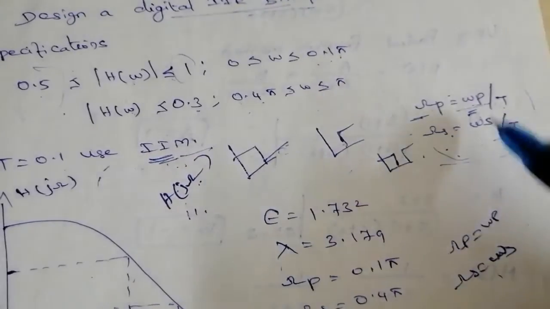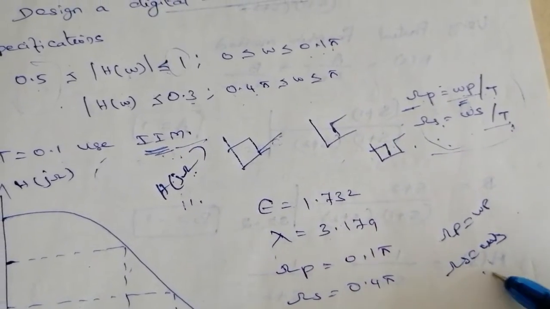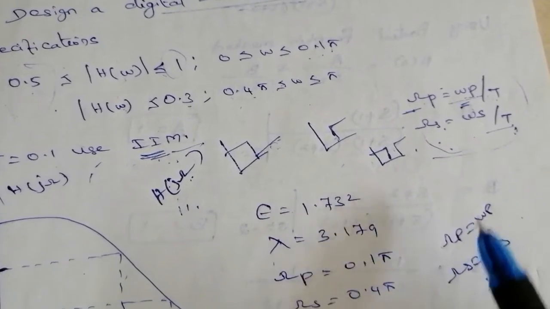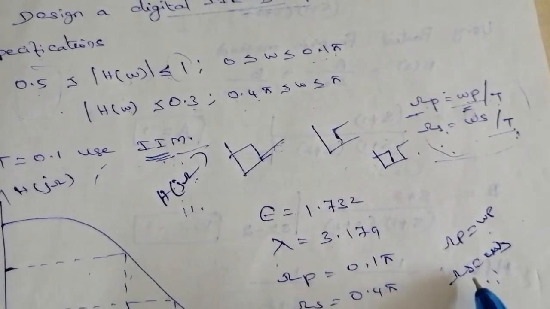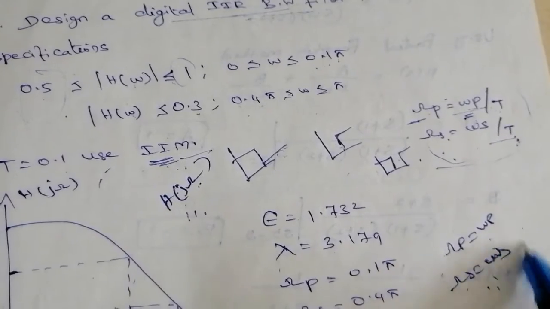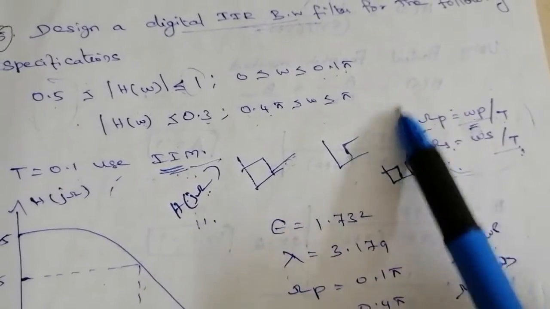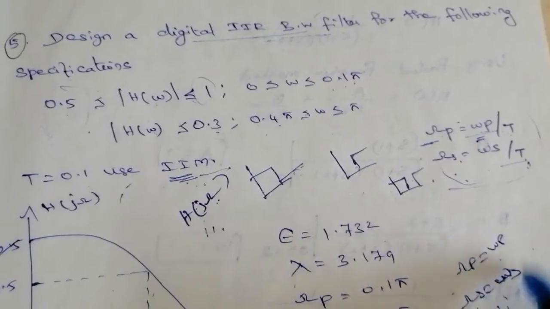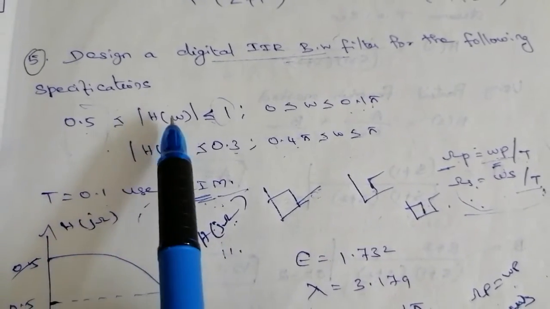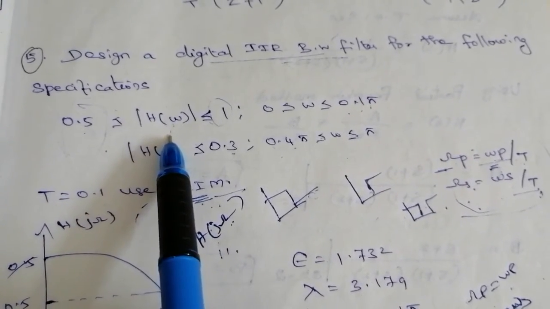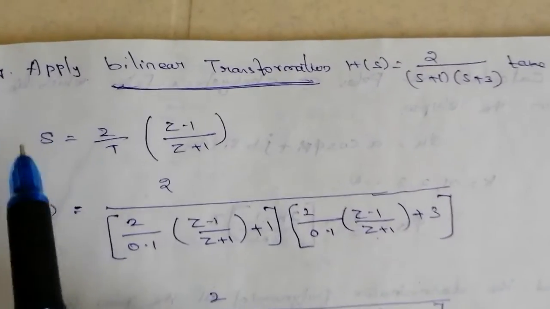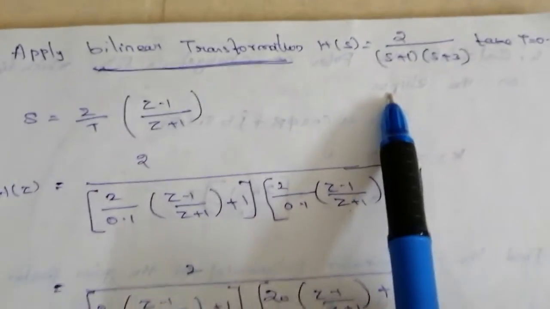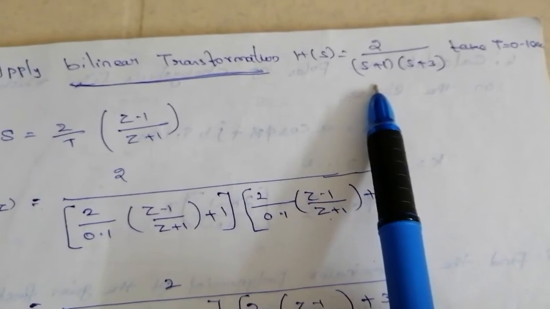So these two formulas are used to convert omega into sigma based on the type of method. This is for IIM, this is for bilinear. We use these formulas when the given frequency is in terms of omega, right? Is it clear?